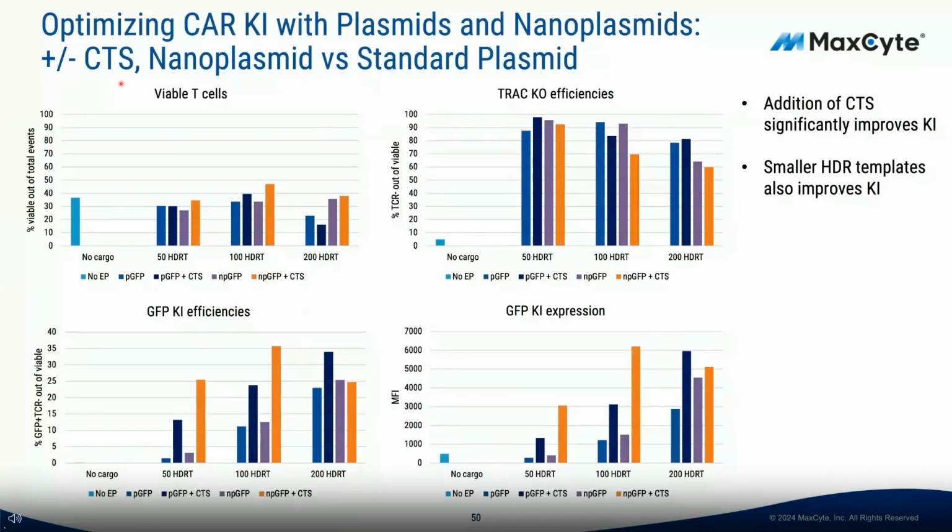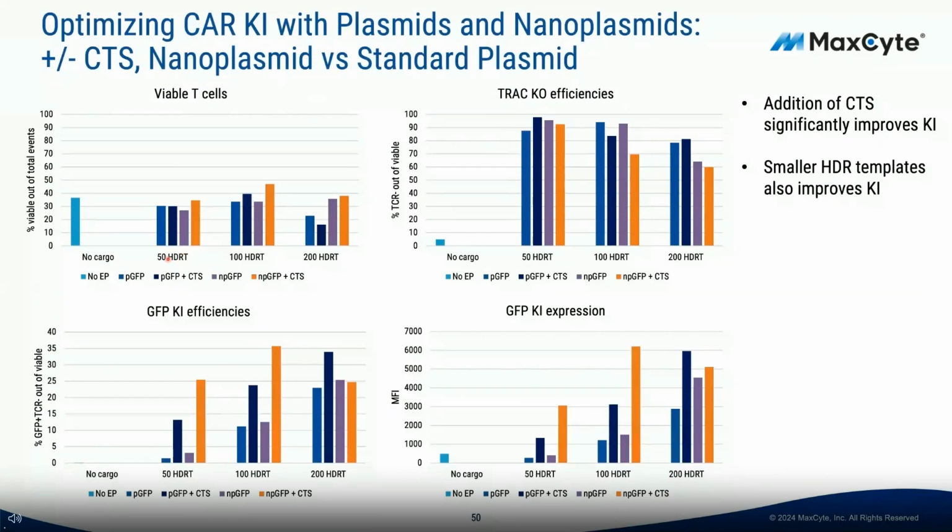If you combine that with a Cas9 targeting sequence, which binds Cas9 for nuclear import of that DNA donor template, you can get high efficiency of knock-in. This is in activated T cells at the TRAC locus. This is showing viable T cells, the percent viable T cells out of total gated population in flow cytometry. So no electroporation versus 3 different concentrations of the homology-directed repair template.